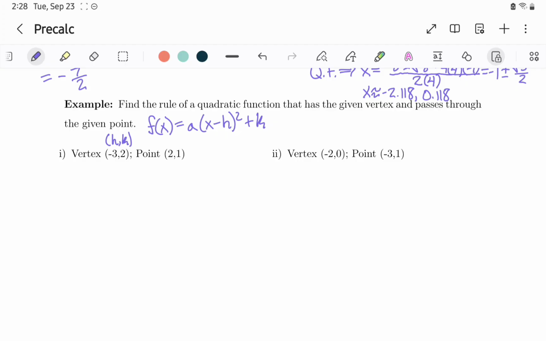So the first thing we can do is say, okay, our quadratic function is going to look something like f of x equals a times (x minus -3) squared plus 2.